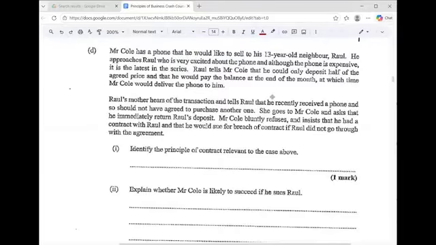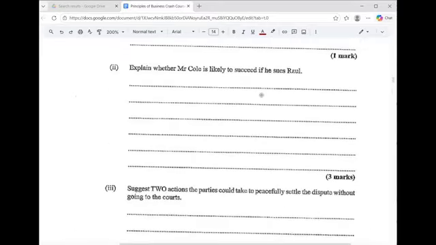You need to be 18 or more to be in a contract legally. So that is the only thing that can make him get out. Everything else I read here, the fact that he agreed to take the phone, deposit half, and pay at the end of the month, that is an agreement. But the only thing that can void this agreement and make it impossible for Mr. Cole to sue is his age.